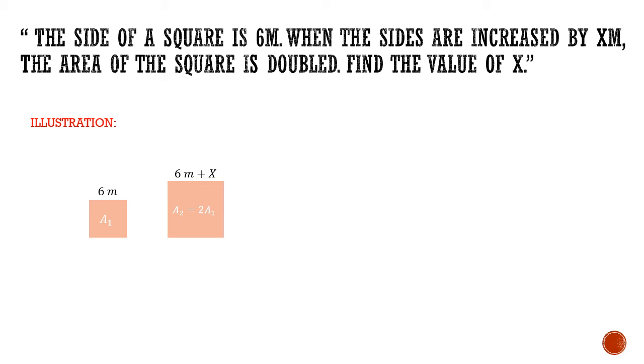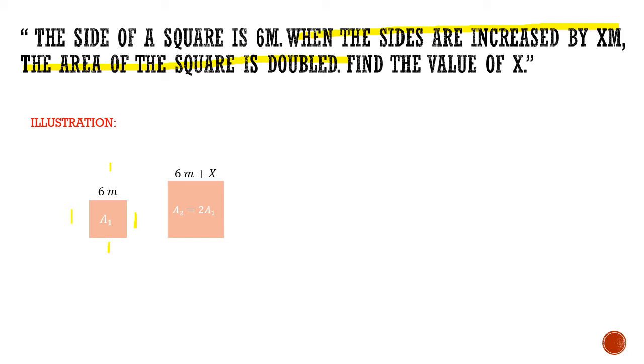As we all know, the principle of a square is that all the sides are equal. And here the condition says that when the sides are increased by x meters, the area of the square is doubled. So, hinahanap sa atin yung value ni x.